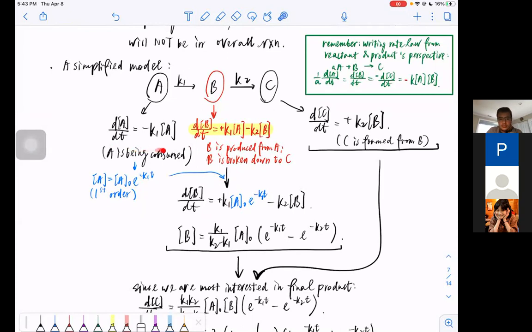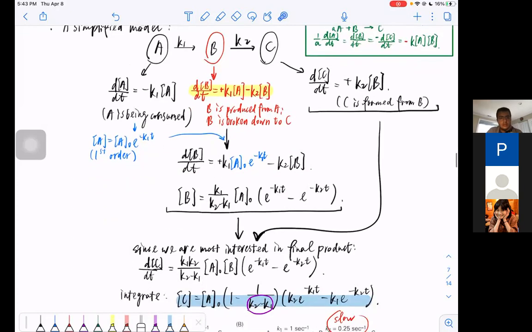So then we write the rate law of A, which is a first order reaction, and we note the integrated law of first order reaction. Okay, finally, we can plug that expression into this term, and we get here. And then we do the integration, and that gives us this expression.